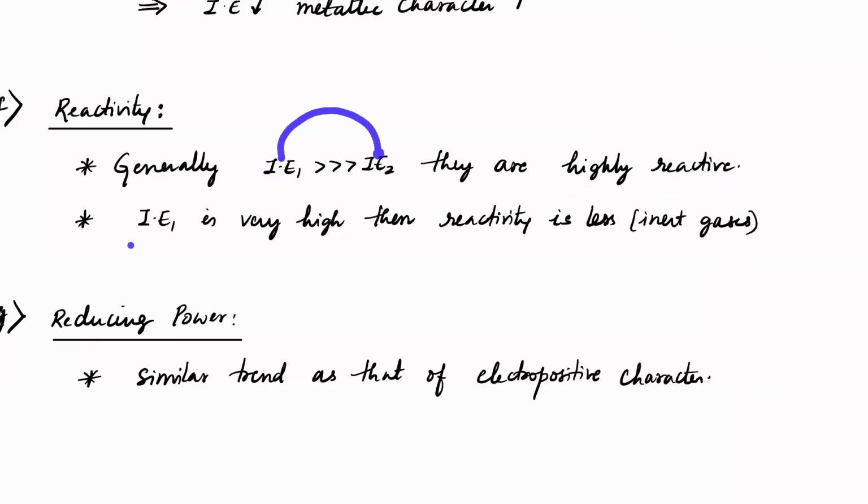That means the gap should be higher. Just like in sodium, we notice that there is almost 47 electron volts of difference. So that makes the gap very high, so we can say that it is more reactive. If ionization 1 is very high, then the reactivity is lower, which is what happens in inert gases.